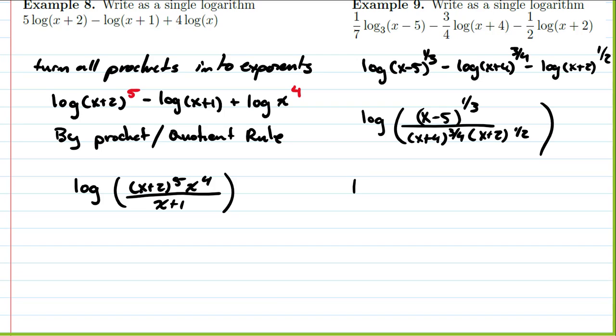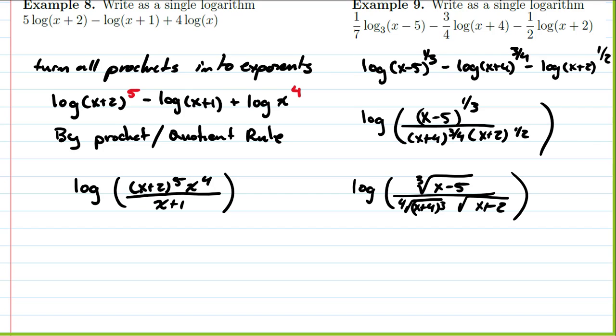So then, we normally, by convention, don't leave fractional exponents, so we would write it as the cube root of x minus 5 over the 4th root of x plus 4 cubed times the square root of x plus 2. And that's just converting all of our fractional exponents back into their radical form using our fractional exponent rule.